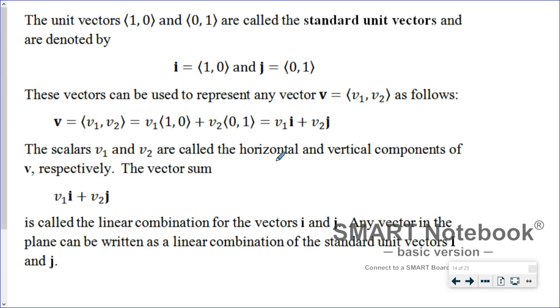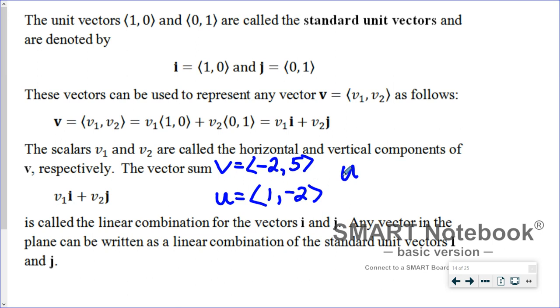Now, it is also important to note when you add vectors graphically. We've already done it algebraically, so let's say v is equal to negative 2, 5, and u is equal to 1, negative 2.